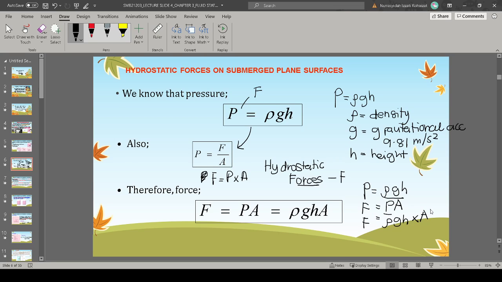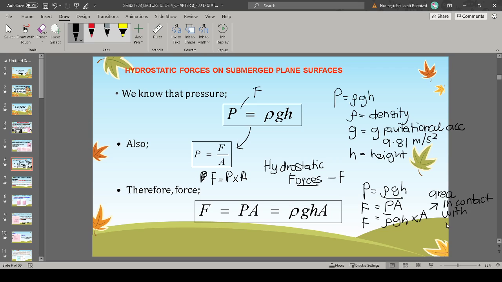A is the area in contact with the fluid at rest. We know area is length times width, so it should have length and width. So you get this formula, F equals rho g h A, which is this formula here.